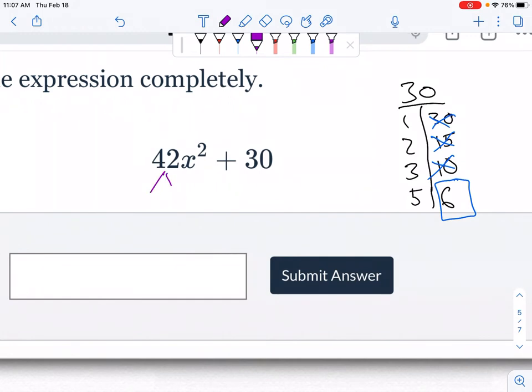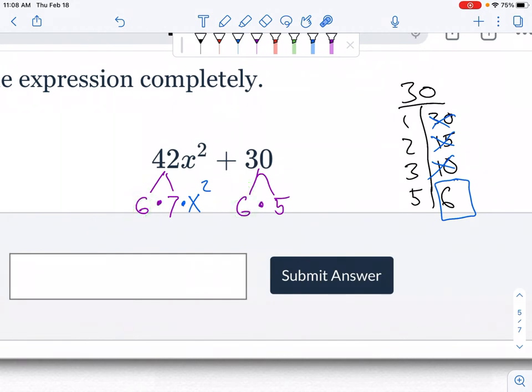So I'm going to rewrite 42 as 6 times 7. And then my x squared is staying the same, so times x squared. And then I'm going to rewrite 30 as 6 times 5. And we're looking for what's the common number that we can take from both of these. It's 6.